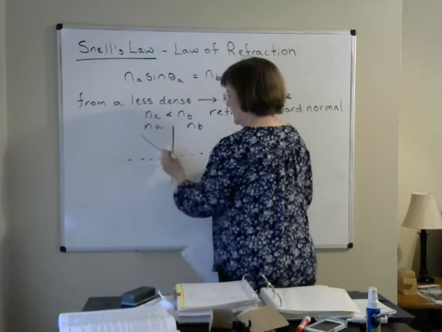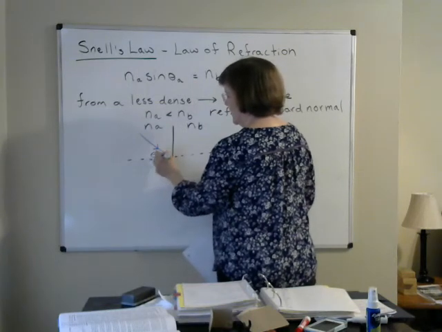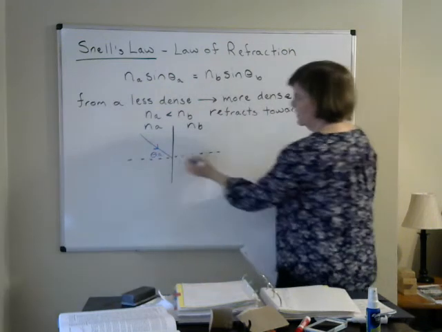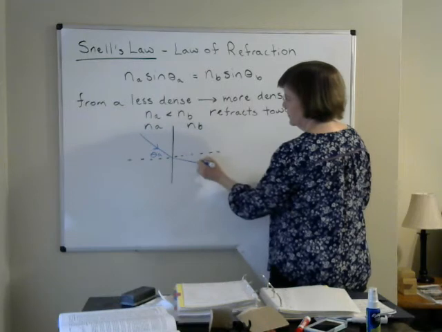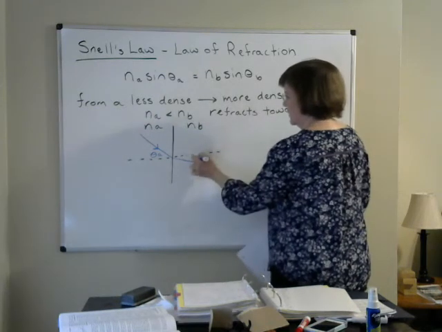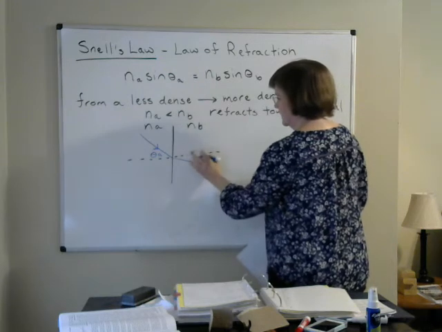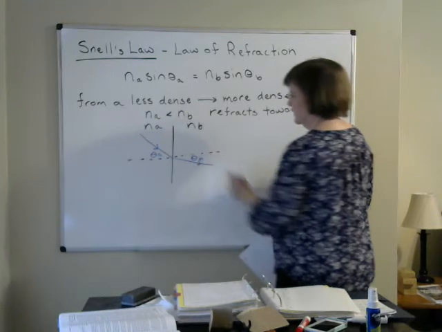I'm going to draw it coming in at roughly 45 degrees. There's theta A. Remember, we measure from the normal. It will bend, and it will bend so that it is closer to the normal. Here's theta B.